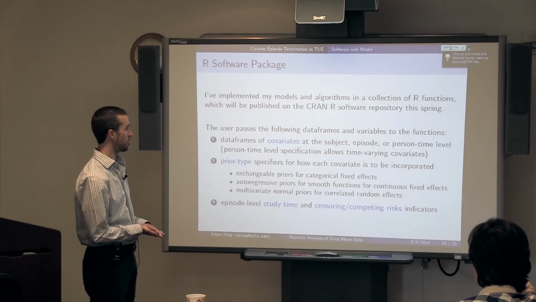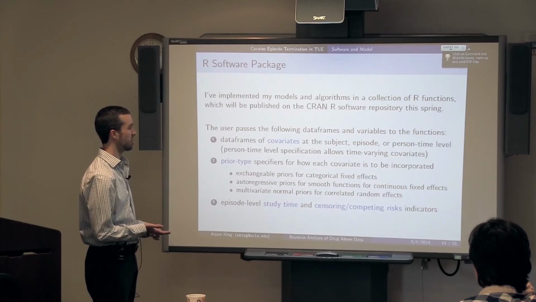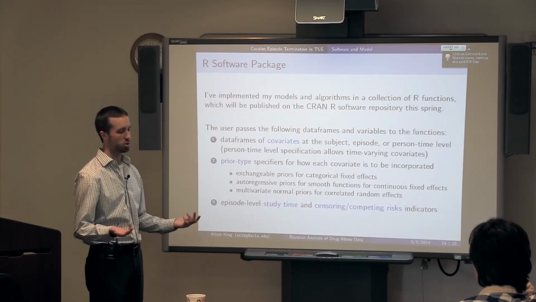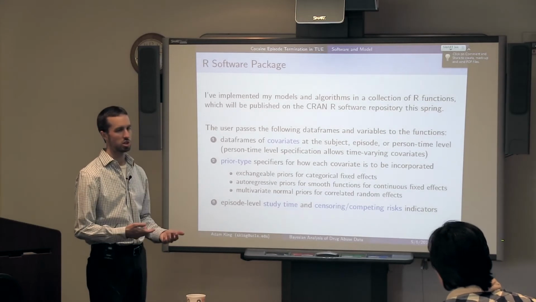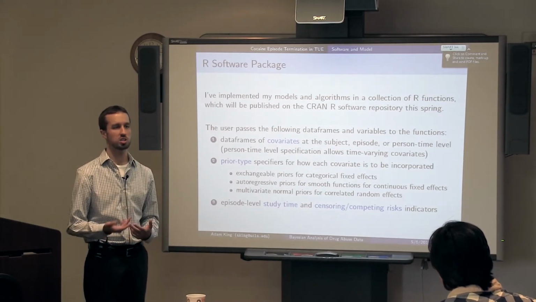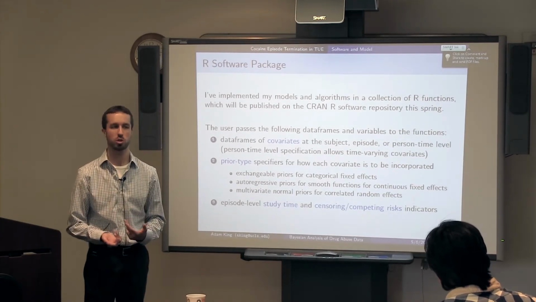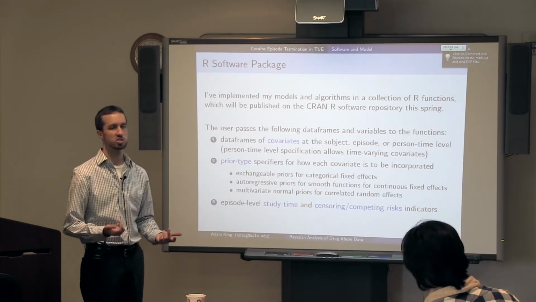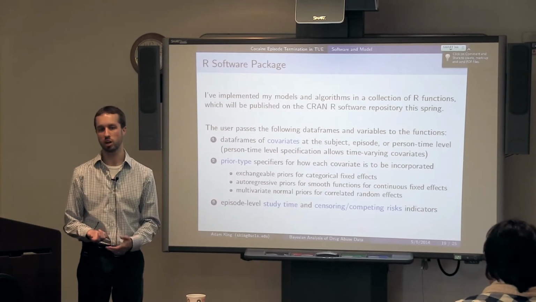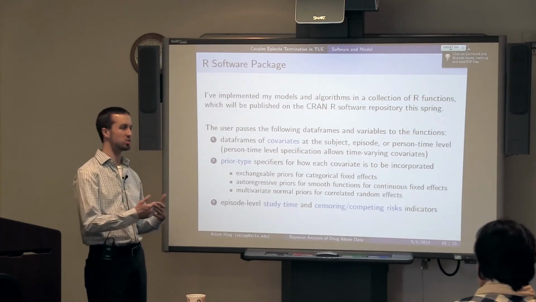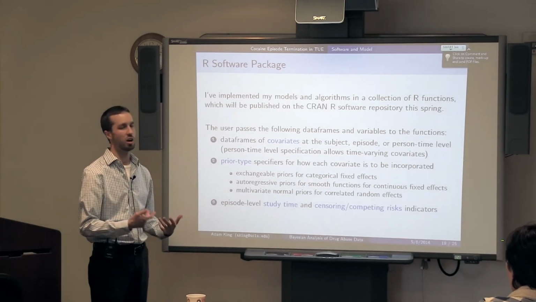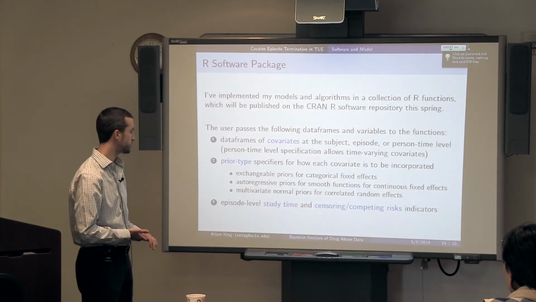An example of a person time level thing is, suppose you're looking at episodes of cocaine use. A time-varying covariate might be employment status, because people might become employed or unemployed while using cocaine. Also, age is, in a sense, a continuously varying time-varying covariate, because as you're tracking subjects through time as they're using cocaine, their age is continuously changing.